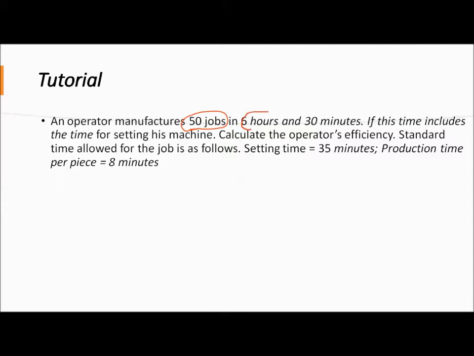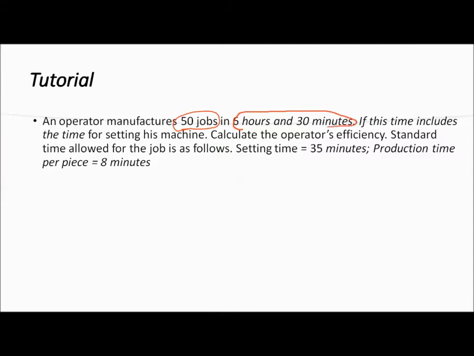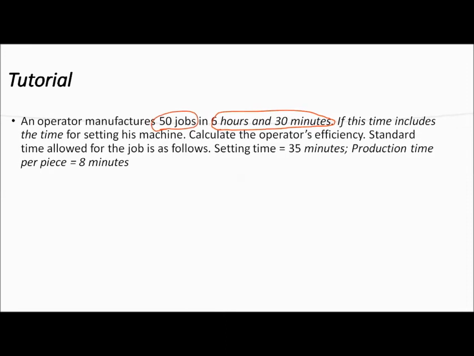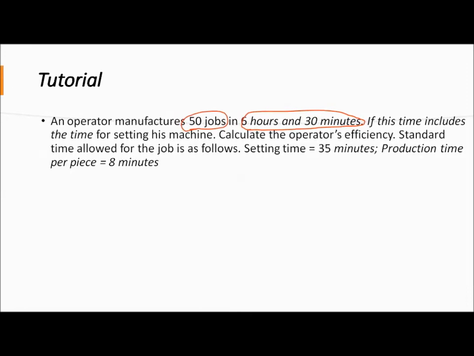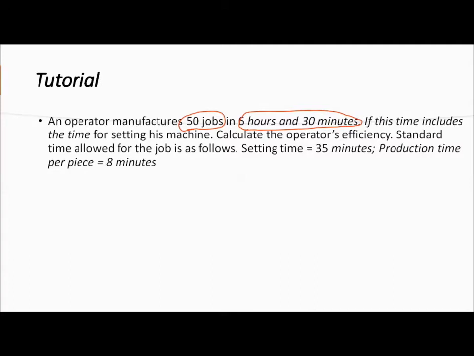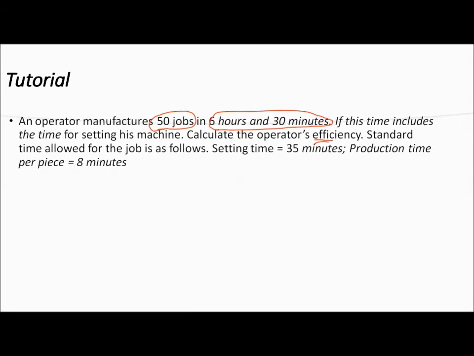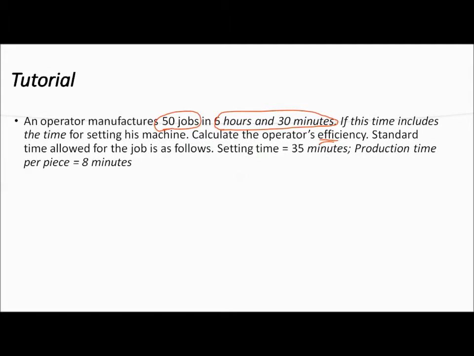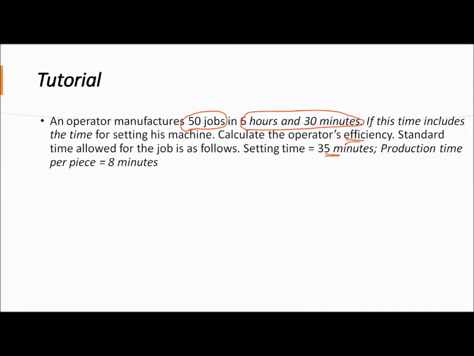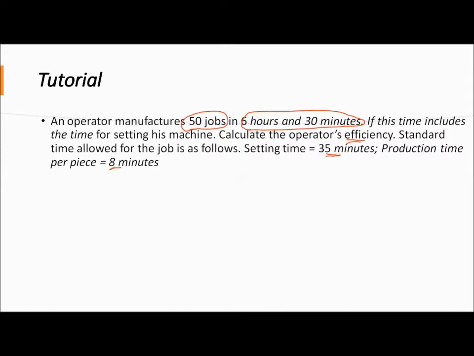So for manufacturing 50 jobs, he takes 6 hours and 30 minutes. If this time includes the time for setting his machine, calculate the operator's efficiency. Standard time allowed for the job is as follows. So the standard time for setting the machine is 35 minutes. Production time per piece is 8 minutes.